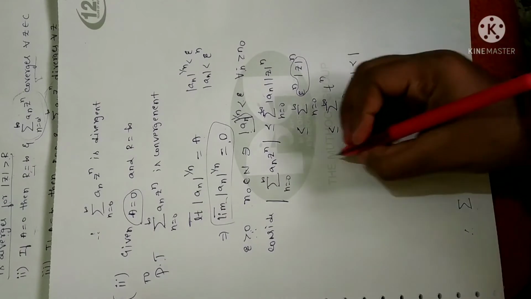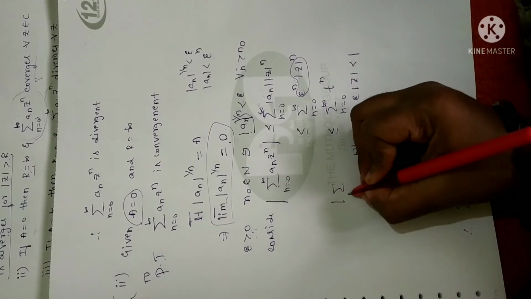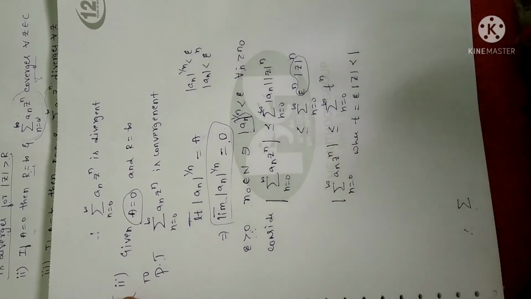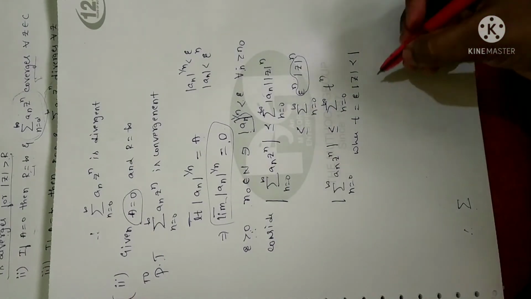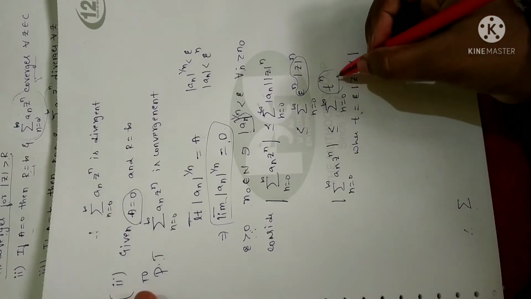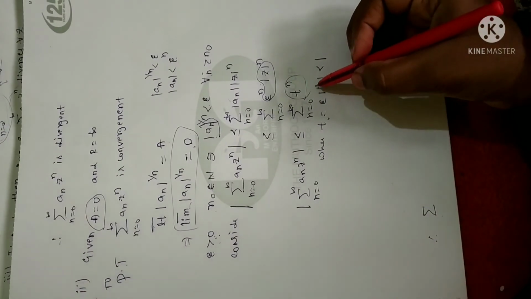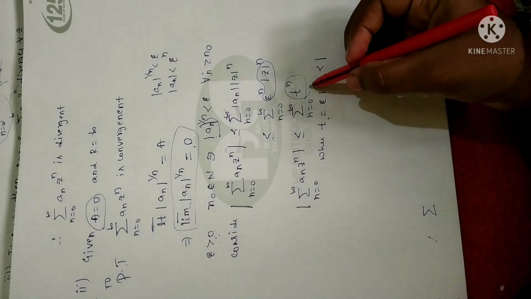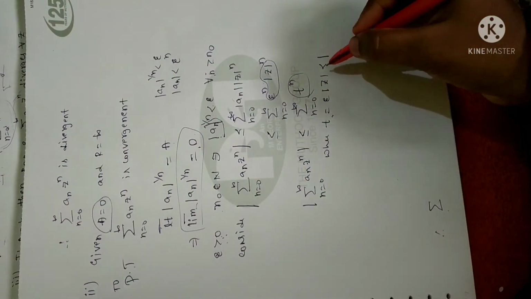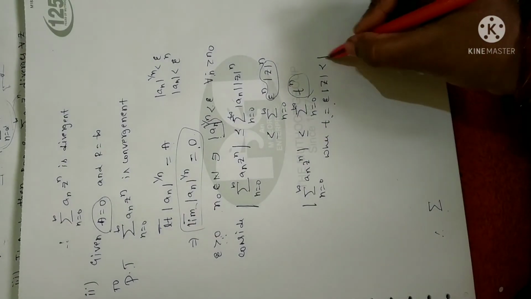So let me write the LHS as it is, summation n is equal to 0 to infinity an into z power of n. Fine. This is obviously a geometric series, as I already told you while explaining the concept of power series. So this is a geometric series. The common ratio is less than 1. So as I already said, in a geometric series, if the common ratio is less than 1, the series is convergent.